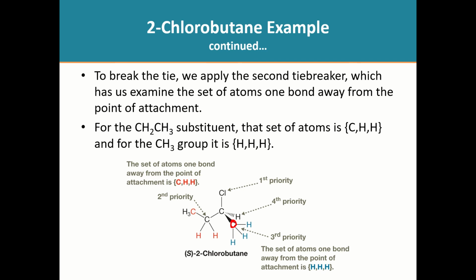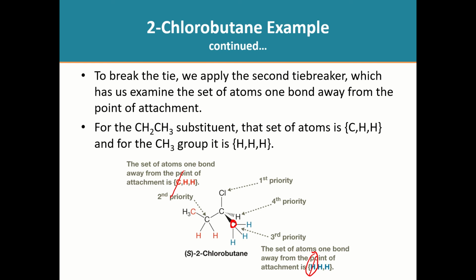Then once you have that data, you are looking for the first point of difference among that set. So we have this set and that set, and we just go from left to right. I see a carbon and a hydrogen. There's my first point of difference. At that point of difference, which one has the largest atom?